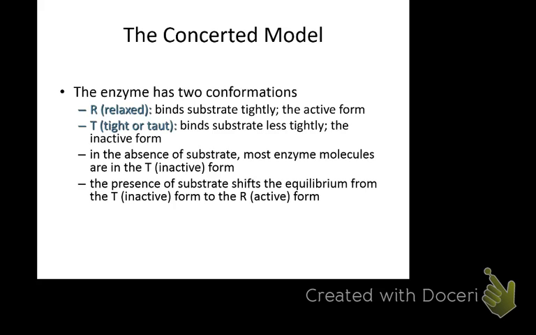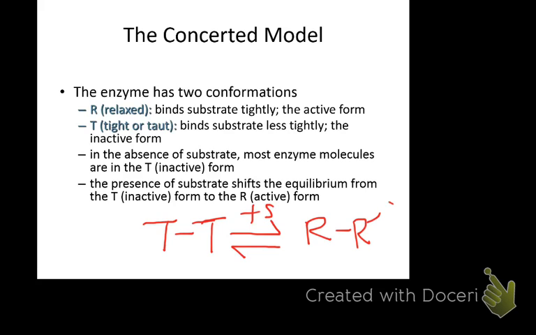So we've got two T's, they're both tense, but whenever you start to add in substrate plus substrate, then it changes this over to R's. Okay. And so, therefore, in the presence of substrate, it shifts.